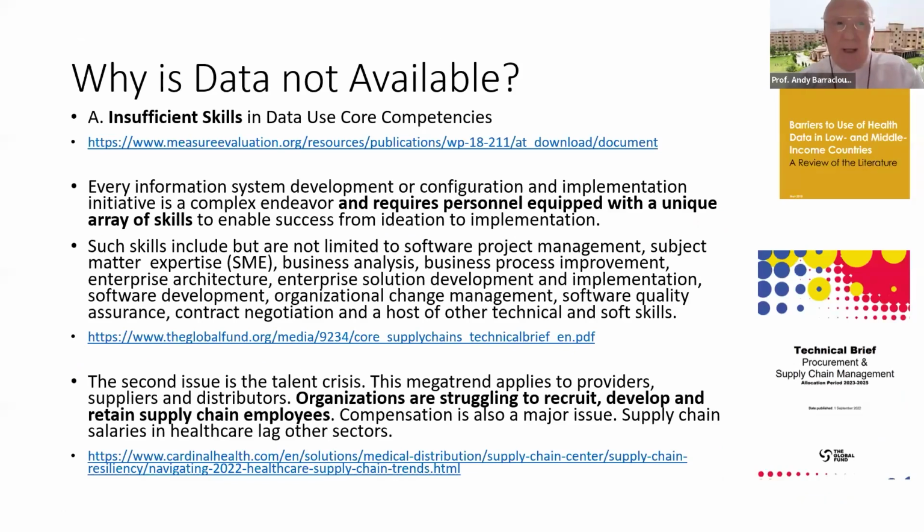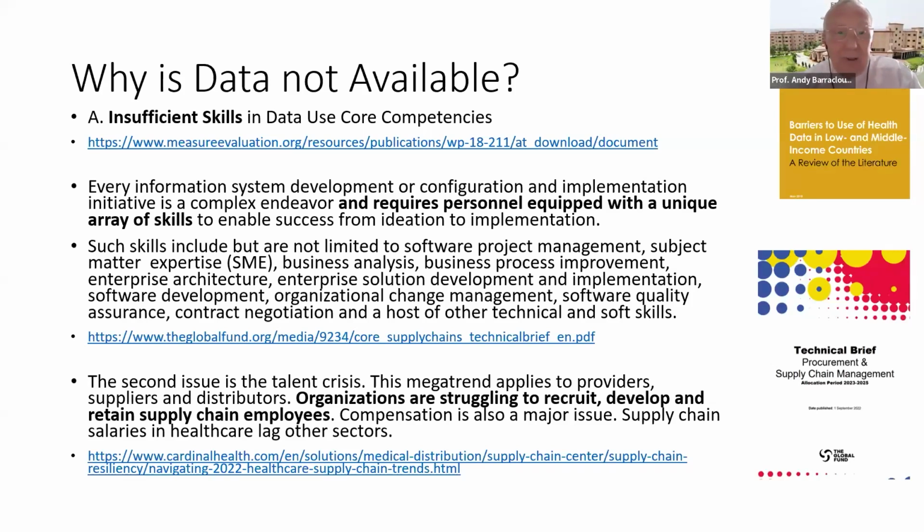So why don't we have data? Well, the number one problem is because we don't have data skills. We don't have core competence in data. We need personnel. We need people with an array of skills.